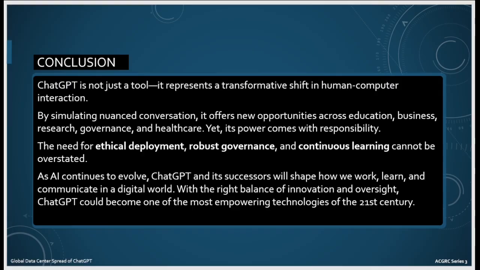Yet, its power comes with responsibilities. As AI continues to evolve, ChatGPT and its successors will shape how we work, learn, and communicate in a digital world. With the right balance of innovation and oversight, ChatGPT could become one of the most empowering technologies of the 21st century.